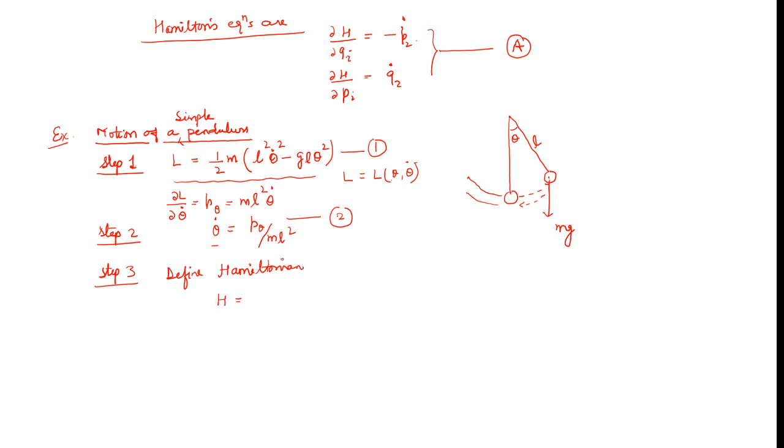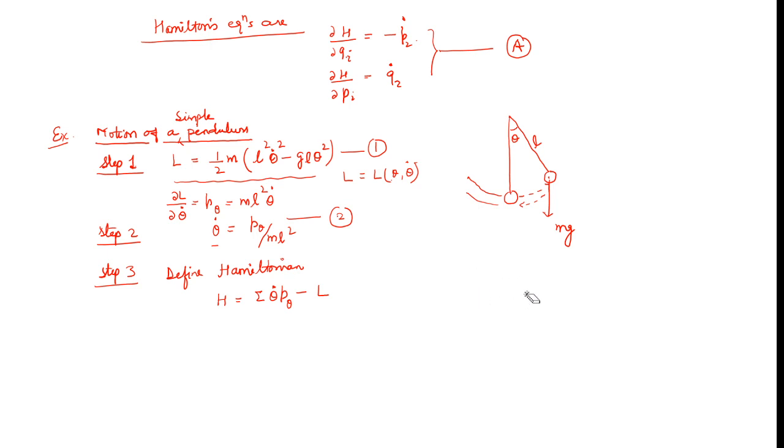H is defined as summation theta dot p theta minus L. If your L contains r as well with theta, then the expression will be summation r dot p r plus theta dot p theta minus L. But in this case, you are having no r.